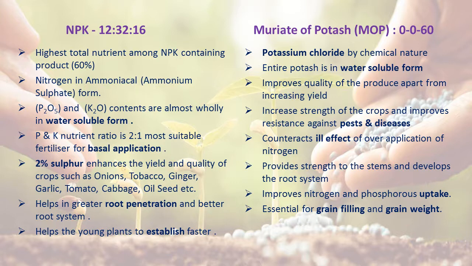And then is the muriate of potash. The muriate of potash, MOP 0-0-60, is also known as potassium chloride, and its main feature is that the entire potash is in water soluble form, and it improves the quality of produce apart from increasing yield, and it increases the strength of crops to improve resistance against pests and diseases, and it is also important in counteracting the ill effect of over application of nitrogen, and it provides strength to the stem and develops root growth.